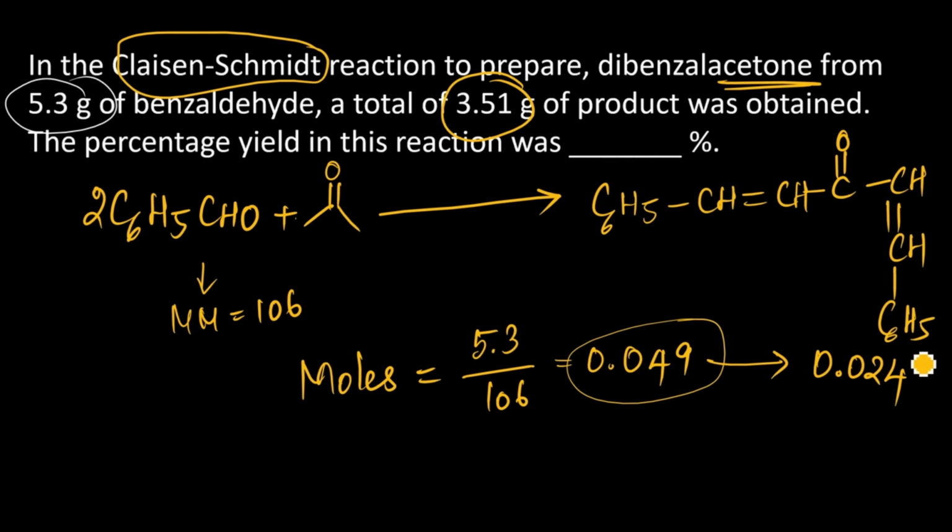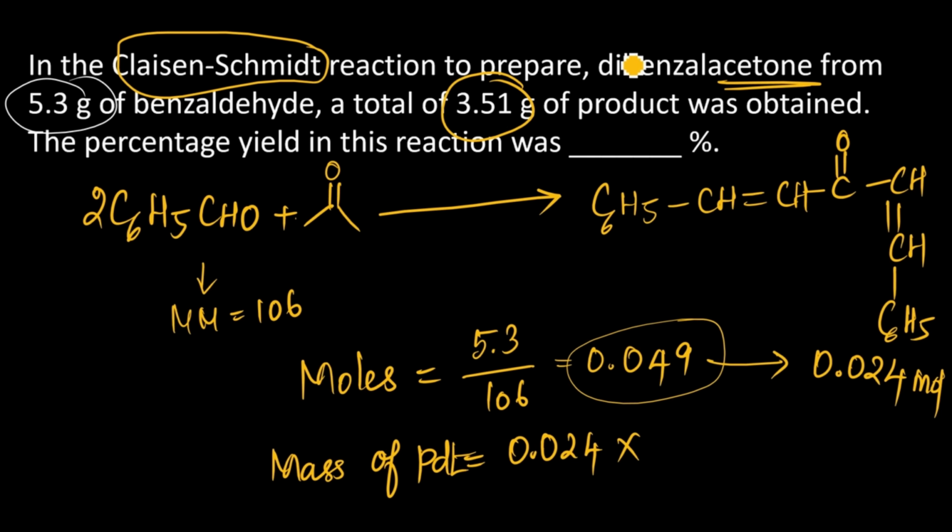So how many grams is that? Mass of product is moles into molecular mass. So 0.024 into the molecular mass of dibenzyl ketone, 234.29, which will give you 5.8 grams.